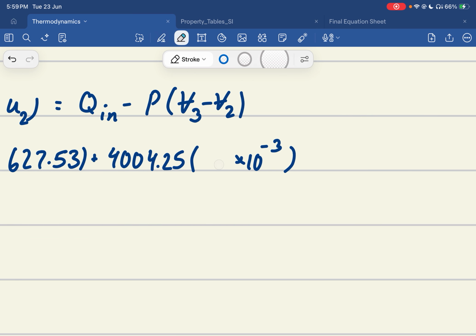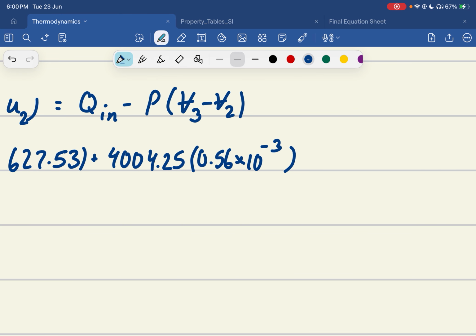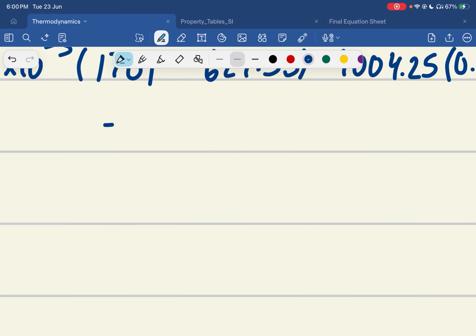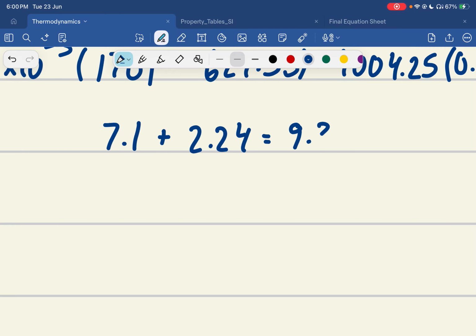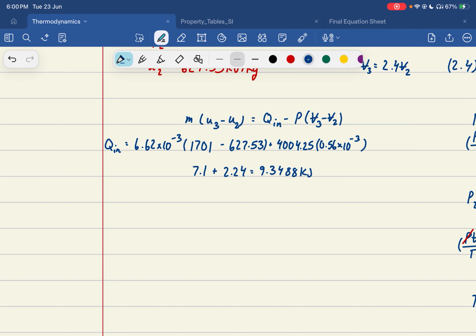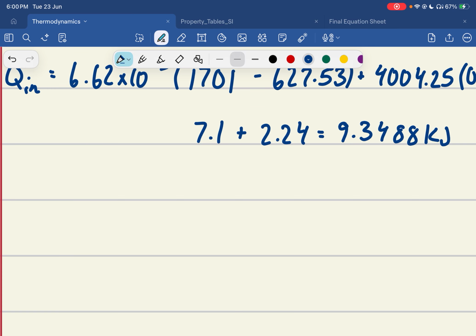Oh, my bad. This is 0.56. Then you're going to have 7.1 plus 2.24. These are rounded, and then the actual value is 9.34 or 388 kilojoules. And that equals Q in.